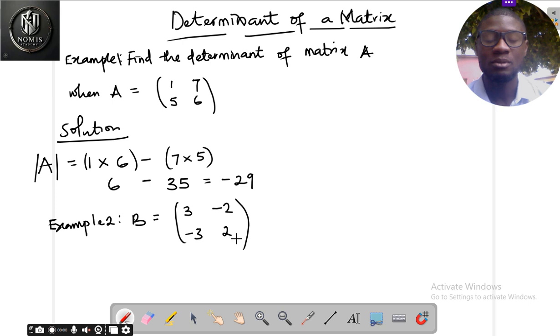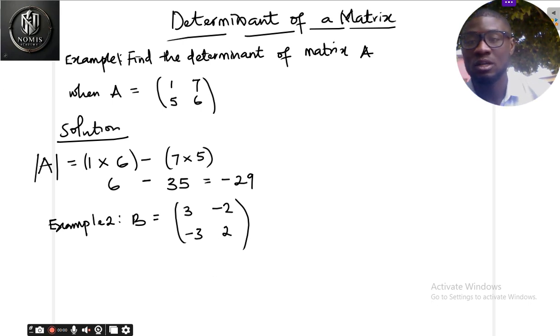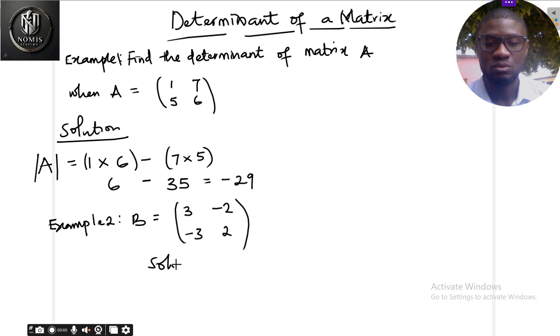Now when you look at this matrix, we still have square matrix, but there's something new about the square matrix that we need to learn. So let's see. To find the determinant of matrix B, what we do is to find the solution, just following the process that we took at the other time.